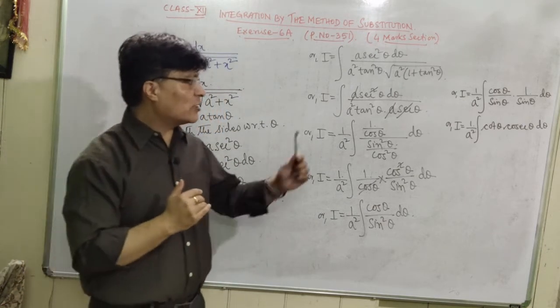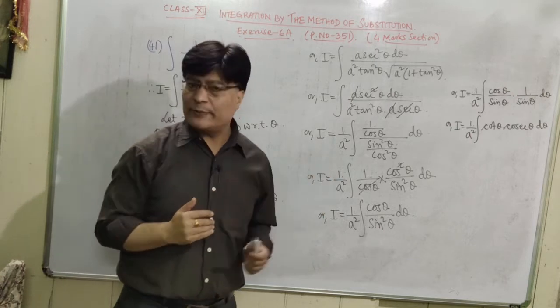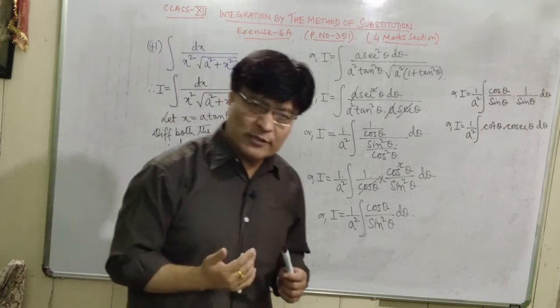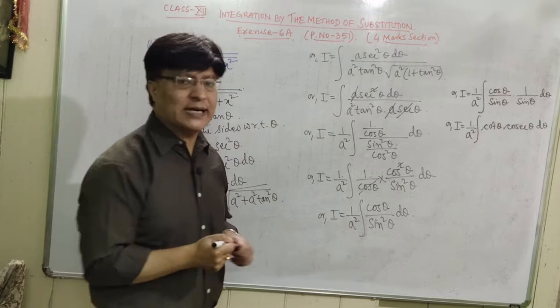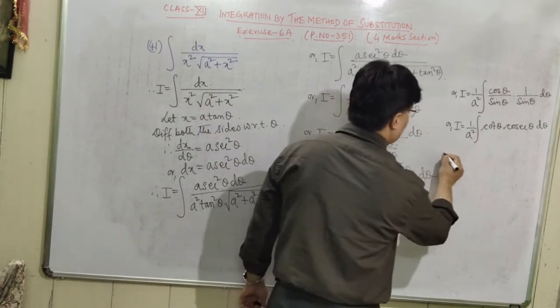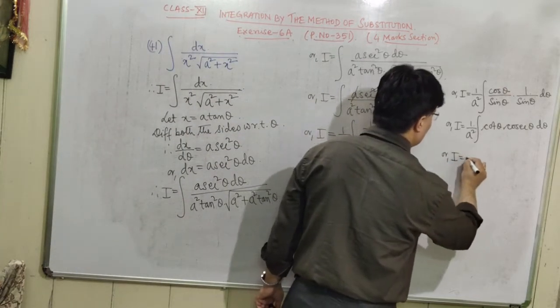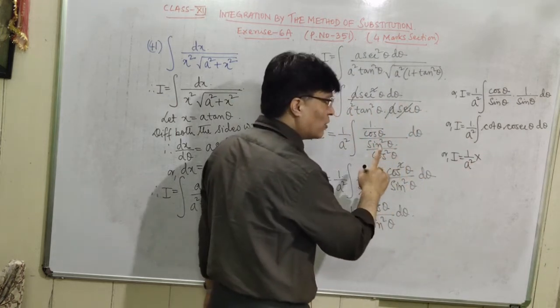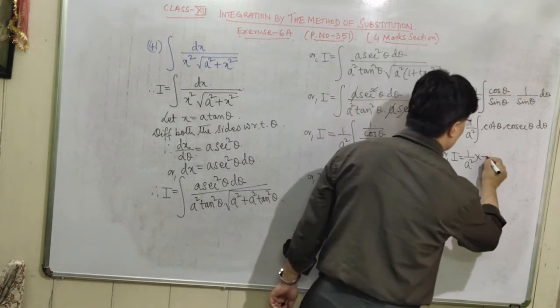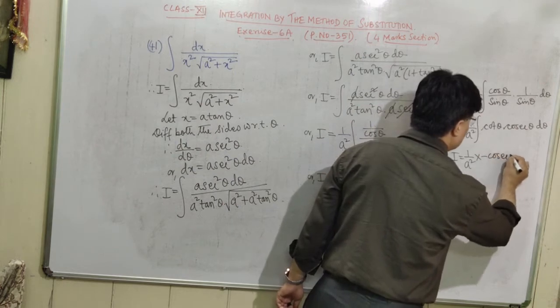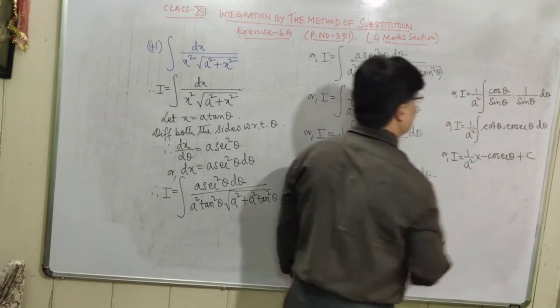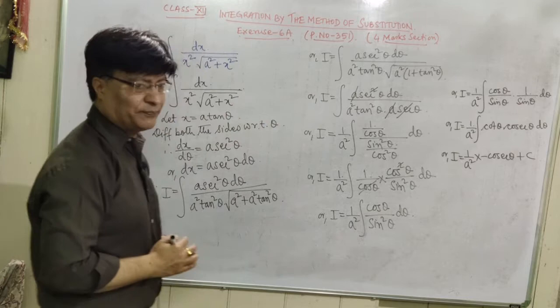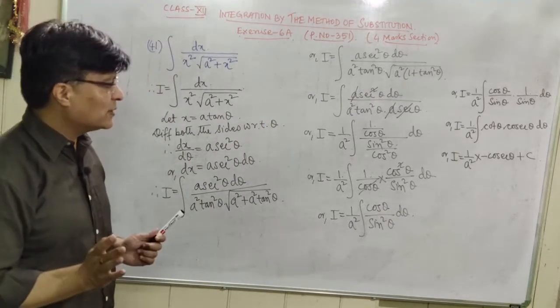What is the integration of cosec theta cot theta with respect to theta? That is, differentiation of which function is cosec theta cot theta. The integration of cosec theta cot theta d theta is minus cosec theta. Then what can you write? Plus c. So I think you have understood it.